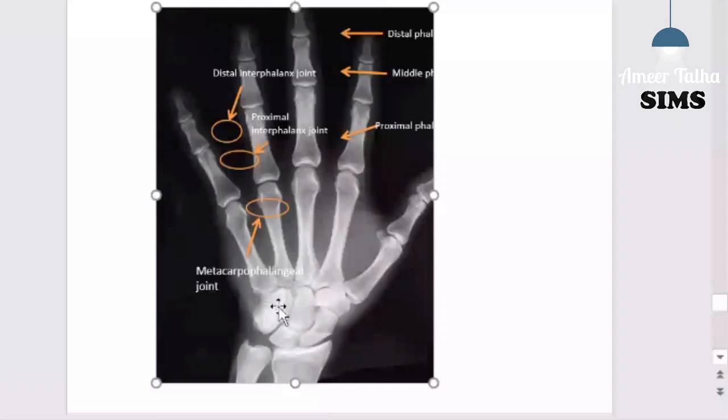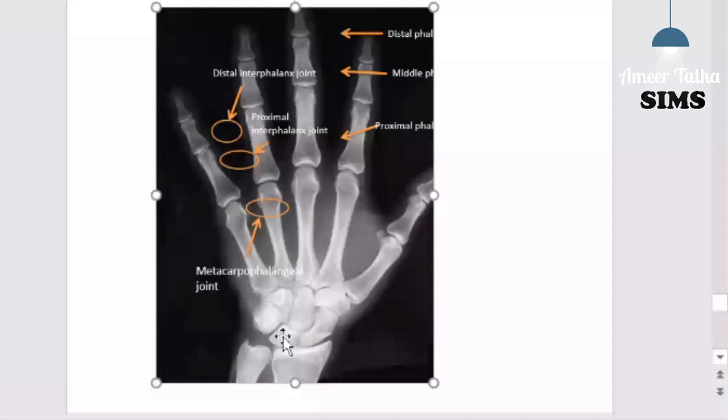If the X-ray has an arrow pointing towards this part, you will write it as the capitate bone. If the arrow is pointing here at this level, you will write it as the scaphoid bone. An arrow at this bone, you will write as the lunate, or this one you will write as the triquetrum.